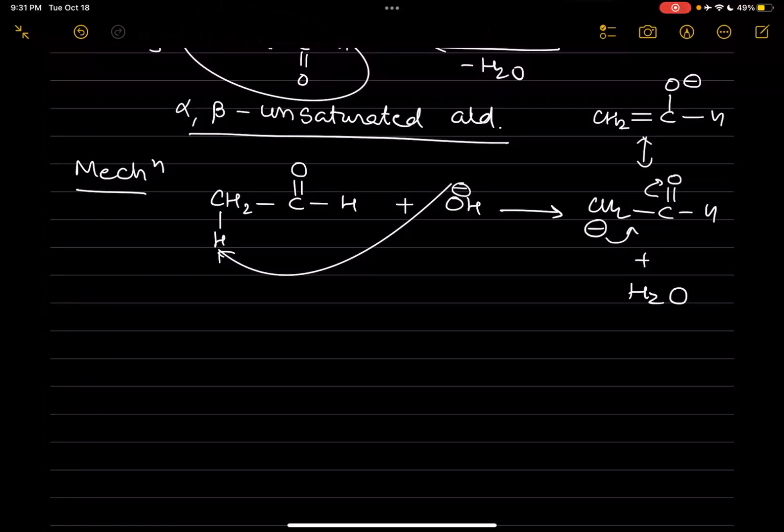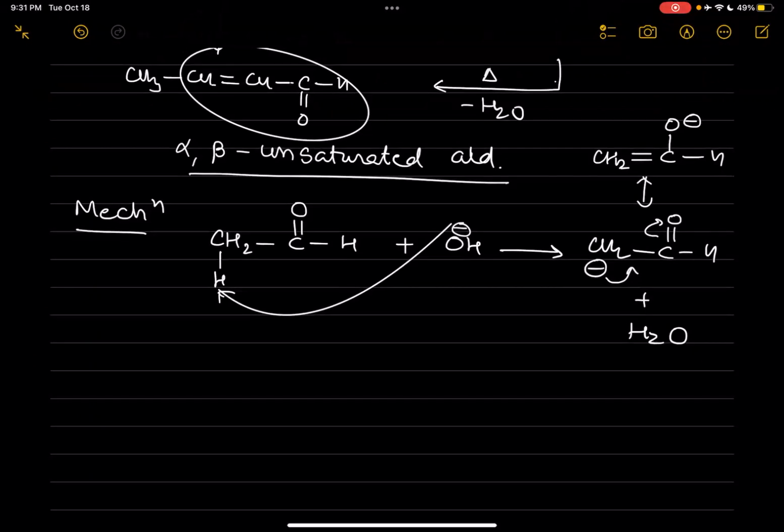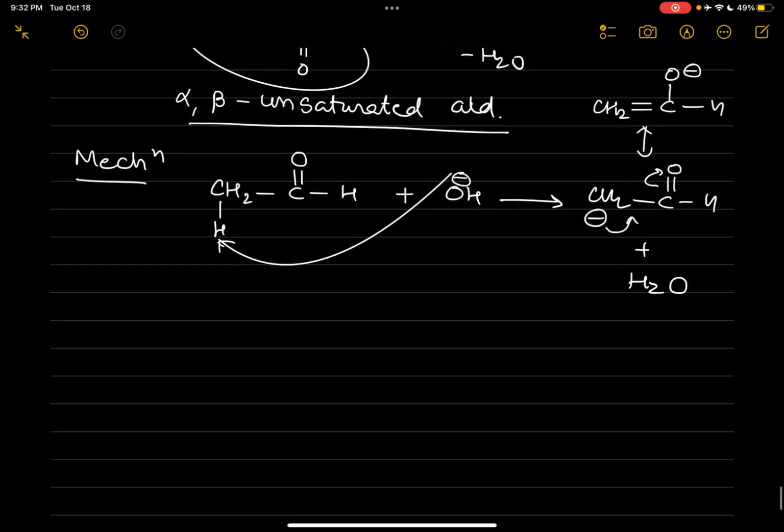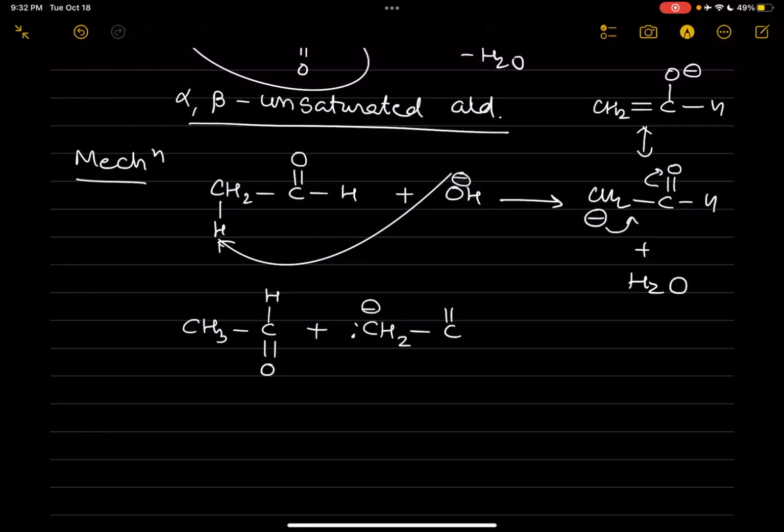But this is not the final answer, because this minus is going to get neutralized by attaching itself to someone, and that someone is none other than the original molecule, another molecule of the original compound from which you started the reaction. Is it clear? Yes, sir.